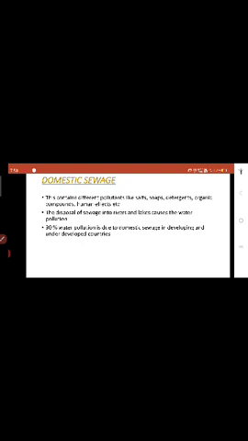In the future, how can we plan the city, plan the drainage system, plan where to release the sewages, and how to filter the sewages before releasing the water into lakes and ponds? That is very important.